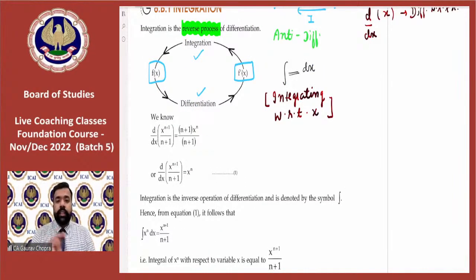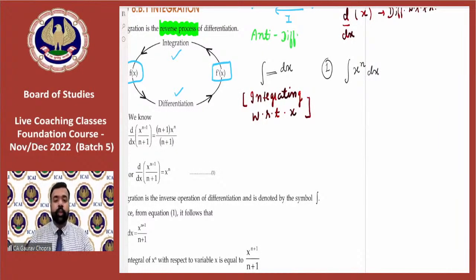Now let us learn the first formula for integration. Let's say we have to integrate x to the power of n, and at last dx is written. What do we have to do? The power will increase by 1 this time.